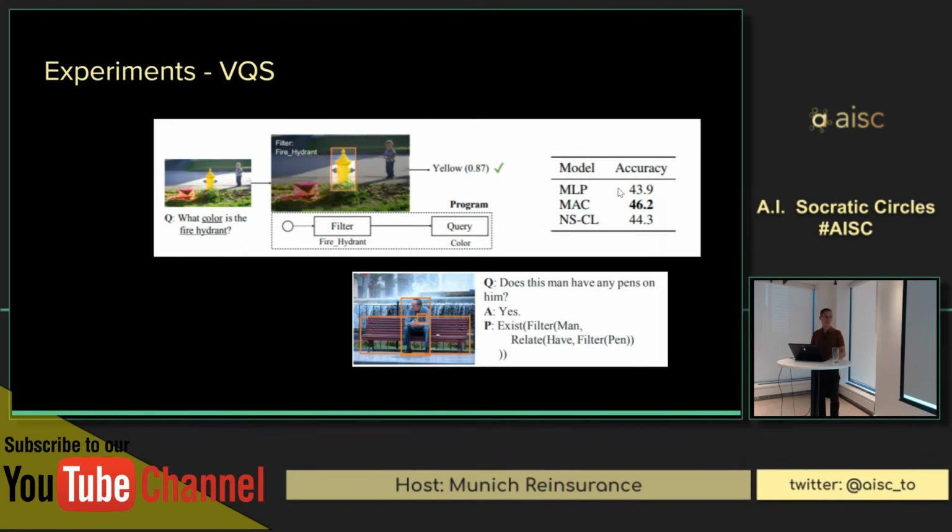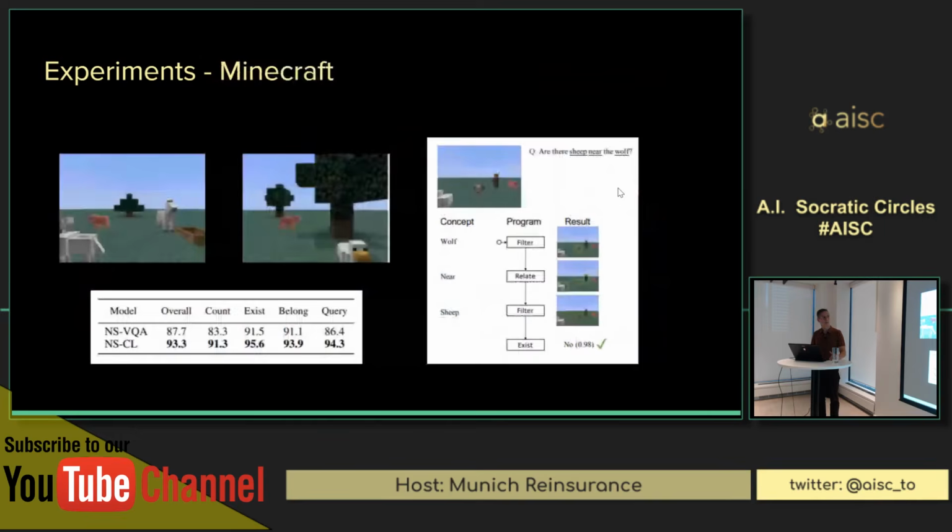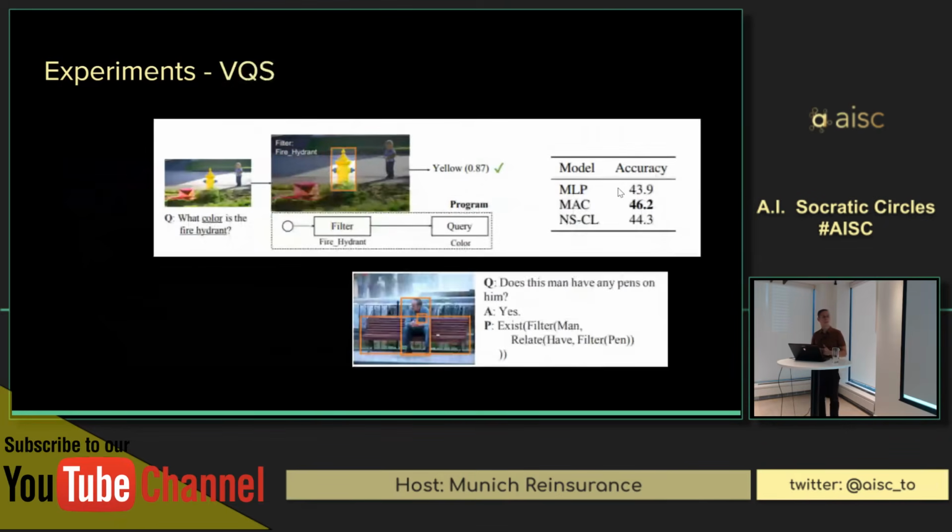And the reason for that is covered in those constraints that they built. So the one that you were referring to as annotations. These are basically constraints that allowed them to achieve this performance on the VQA dataset. So you cannot build the same. Here the question is, what's the color of the fire hydrant?